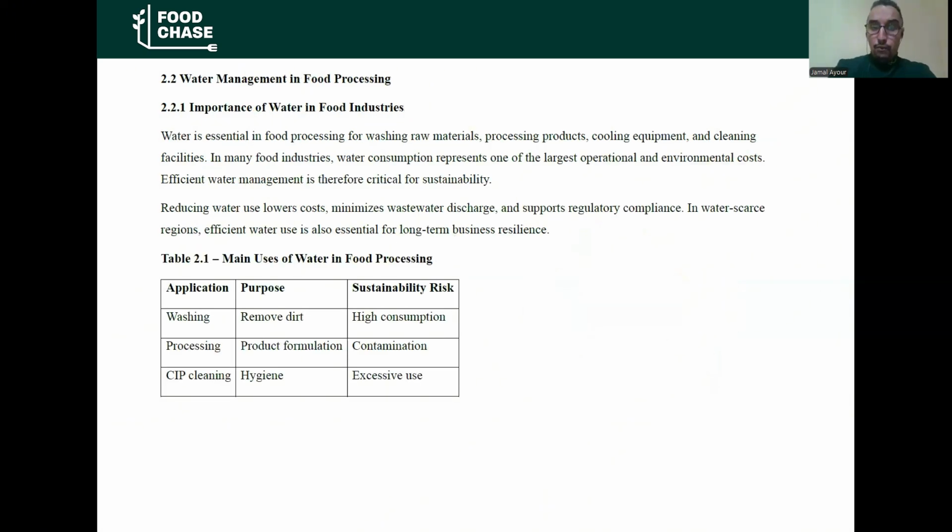About the importance of water in the food industry, it's one of the principal points of the success of agri-food systems in industry. As you can see in this table, the main uses of water in food processing with different applications. For example, the production chain, step by step: for washing, for processing, and for CIP cleaning, you can see the purpose and the use of water.